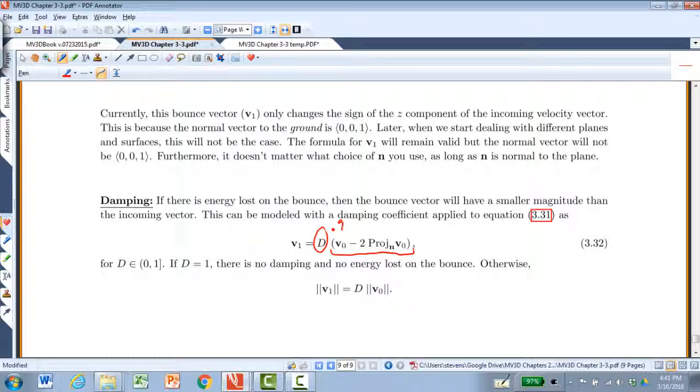Like if you have a bouncing ball, it won't go up as high as it did every time. It loses a little energy on the bounce. So you just throw a damping coefficient out there, make it less than 1, and you'll get some damping on your bounce. Right. If you make it 1, then it'll just keep bouncing like that.